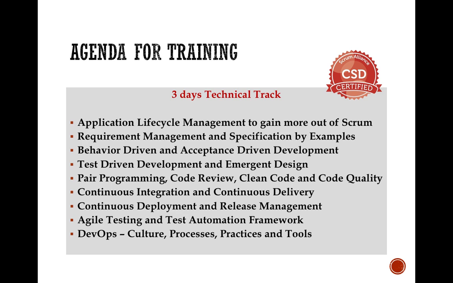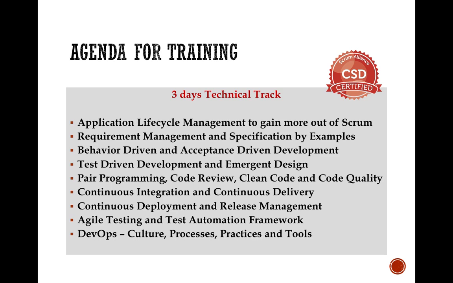I will go into collaboration practices like pair programming, code review, peer review, and also how to have better, clean code, and code quality tools. We'll cover CI/CD, test automation, test frameworks, and agile testing, focusing on how to have a better quality product by adopting agile testing practices.